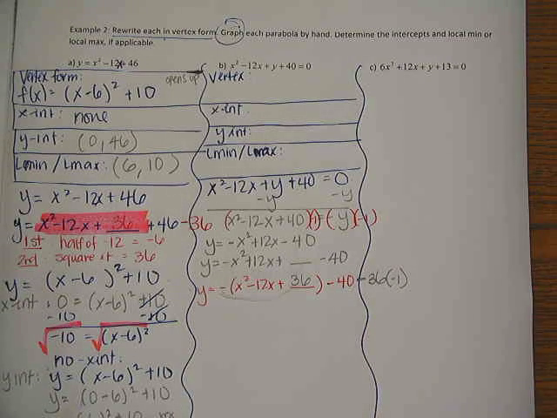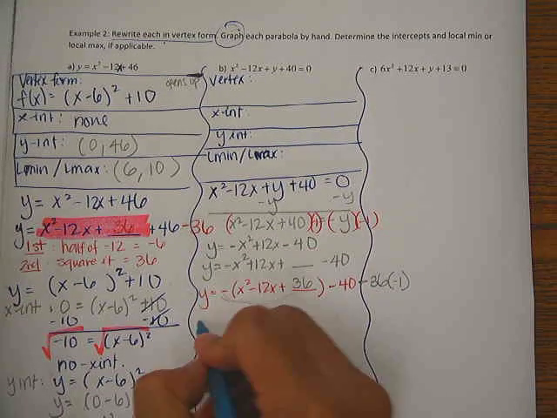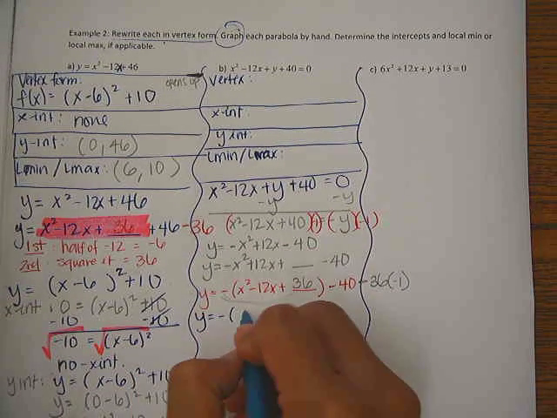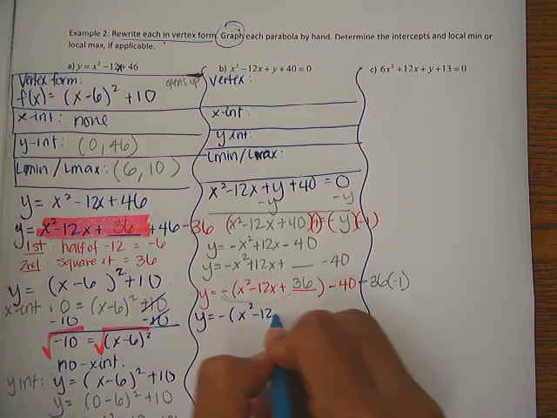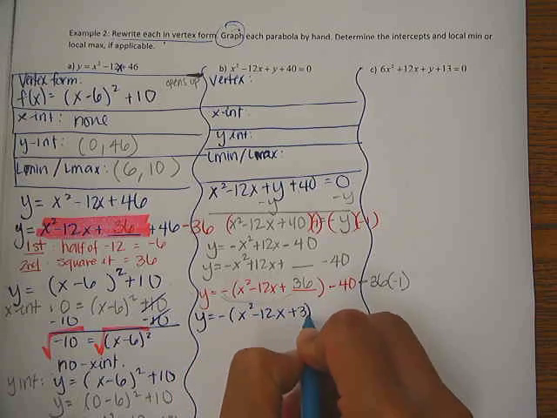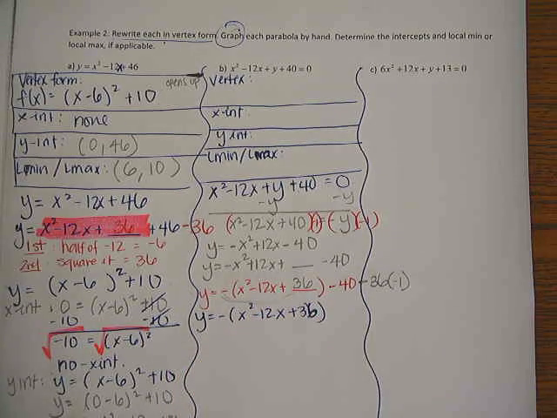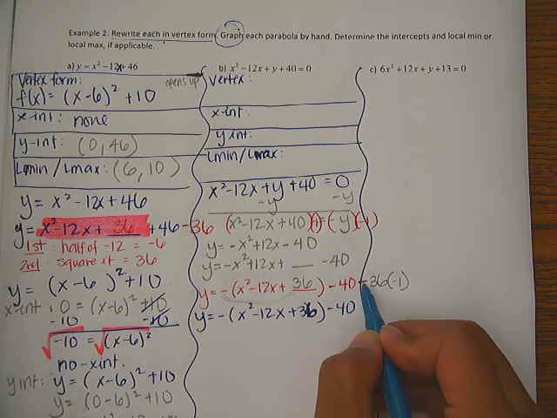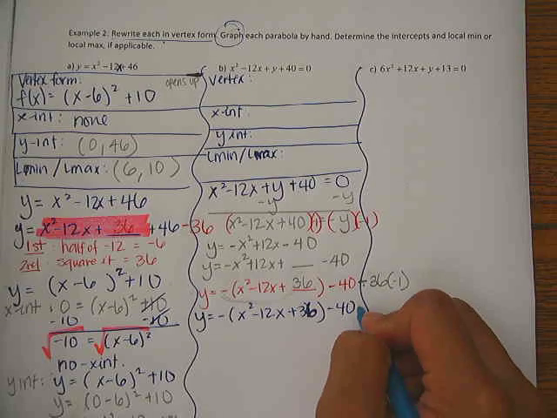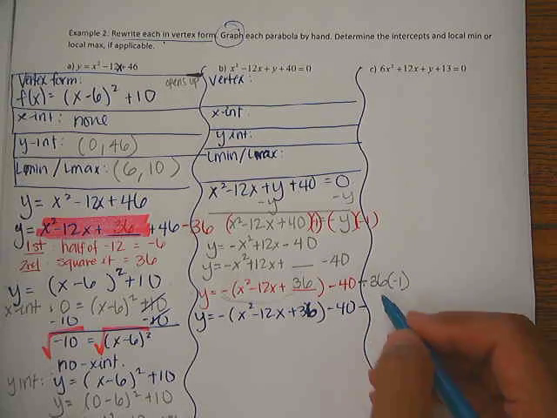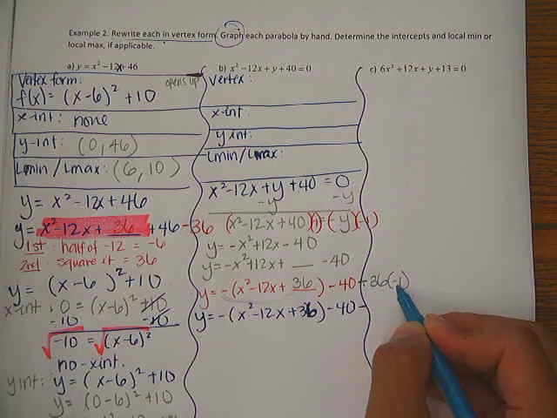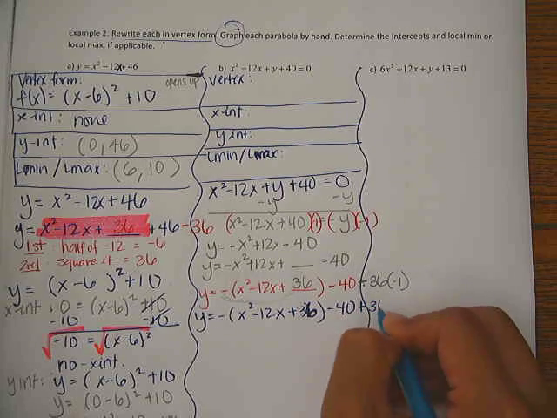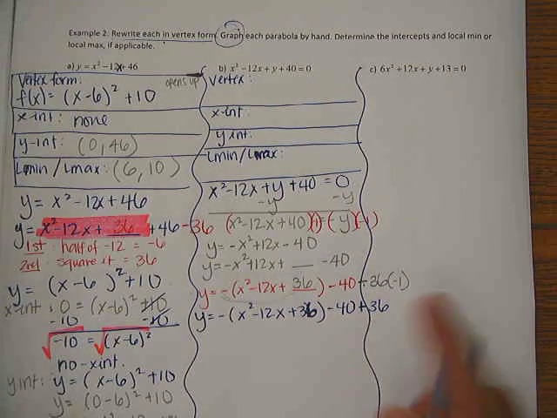Because we did that, now we have y equals negative in the front still, that doesn't go away, minus 12x plus 36 equals, I'm sorry, bring down the minus 40. A negative 36 and a negative 1 is a positive 36. Okay. So we're going to combine those.